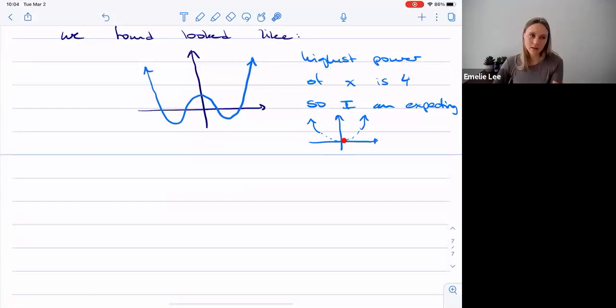We will. But for now, just knowing that x to the power of 4, I'm expecting it to go up like this, which it does. And then we said there's some activity in the middle, which we can see on Desmos. But beyond that, we don't know yet what it looks like, but we will.